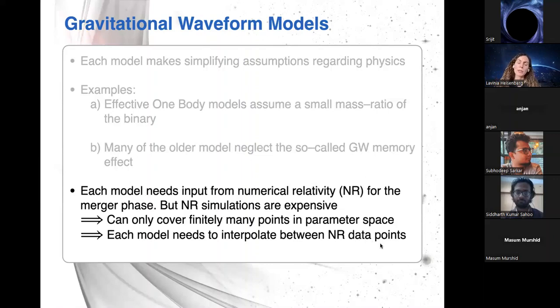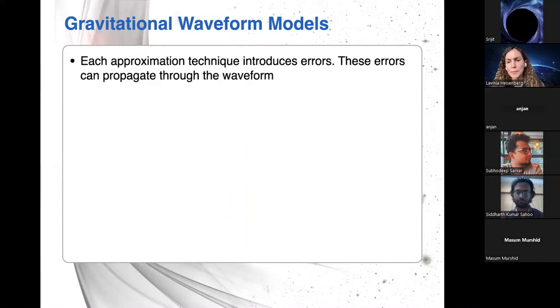So you have only a few points in the parameter space, and then you have to interpolate between these points. Each approximation technique introduces errors, and these errors can then propagate through your waveform. So you have to understand how much error you are making.